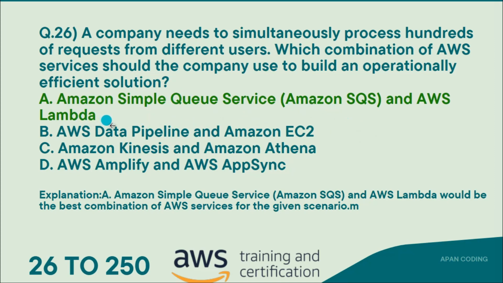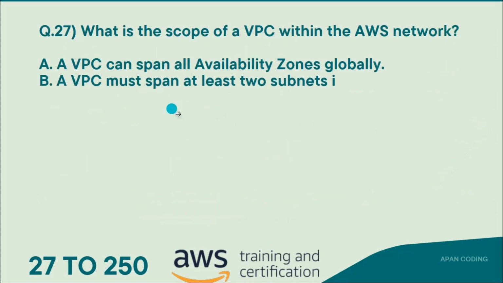You know, AWS Lambda is a serverless compute service. The explanation is here: Amazon Simple Queue Service and AWS Lambda would be the best combination of AWS services for the given scenario. Move on to the next, friends.